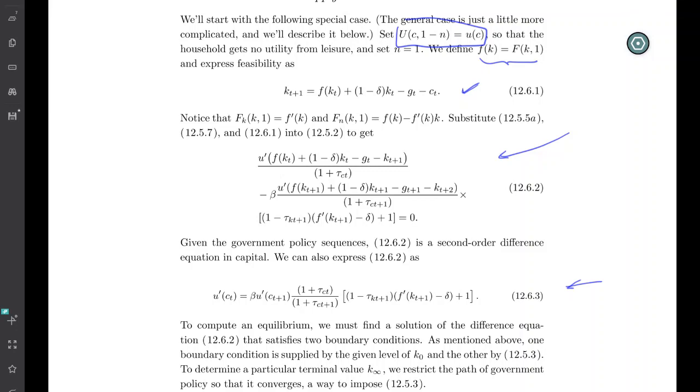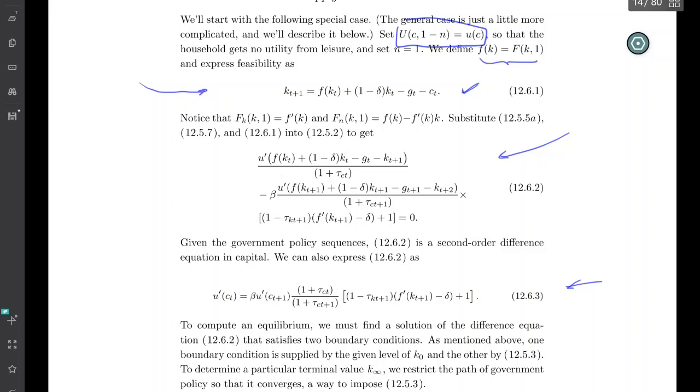So what we're doing is boiling down the marginal conditions from the firm's problem and the household's problem into a system of difference equations. This feasibility condition is going to be one of them.